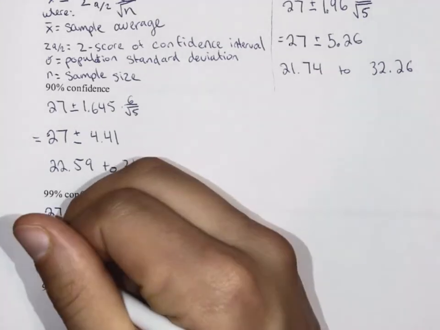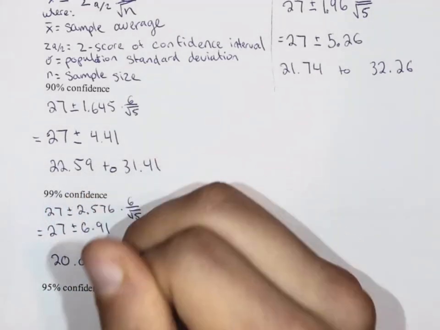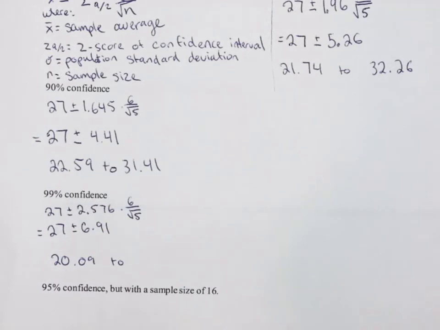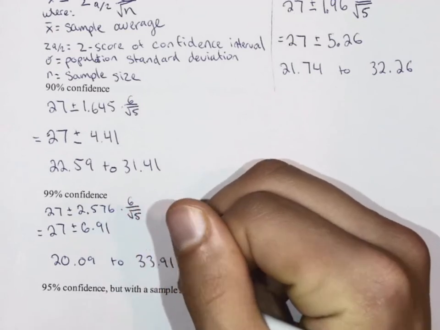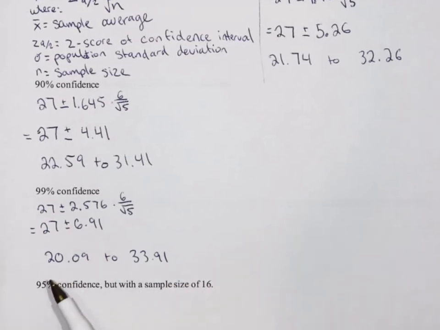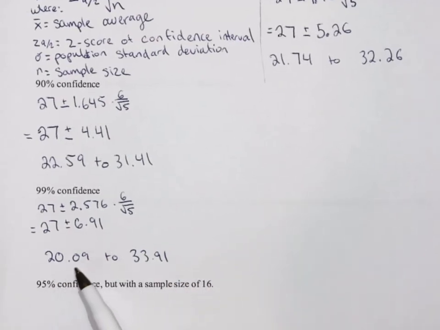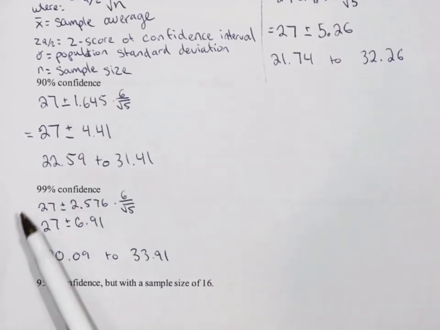So our range is 20.09 to 33.91. So with 99% confidence, we can be sure that the average age in our class is 20.09 to 33.91. So a much larger range for a higher level of confidence.